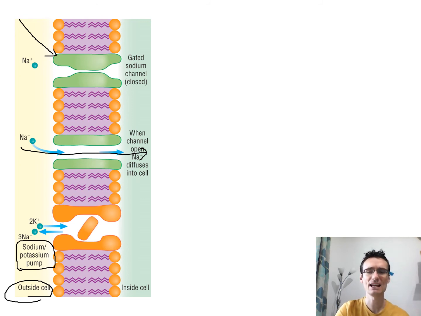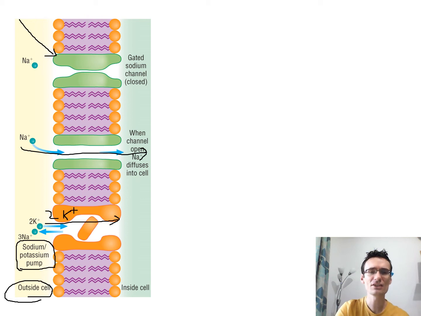So remember those essays, what could be used of ATP? This is a big one. What this does is it constantly maintains the movement of sodium and potassium, and it constantly moves two potassiums in, so 2K go in for every 3 sodiums that are leaving.